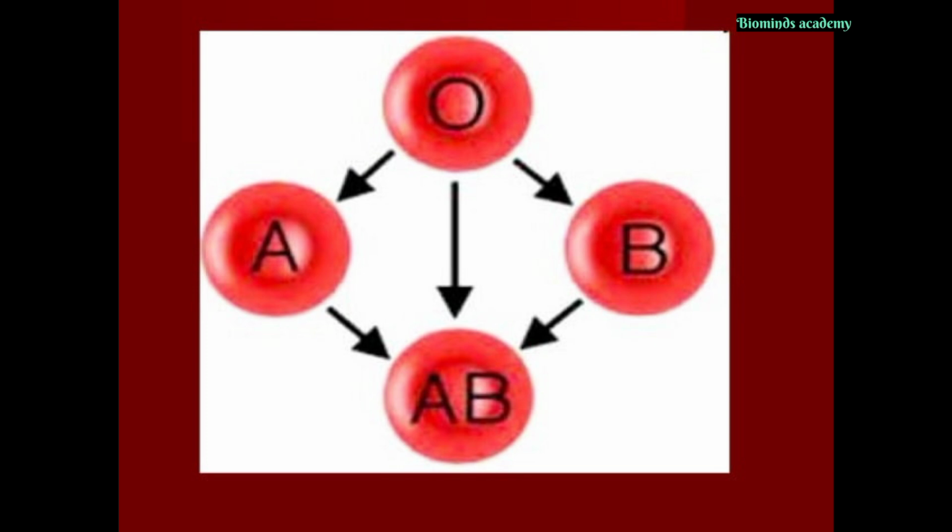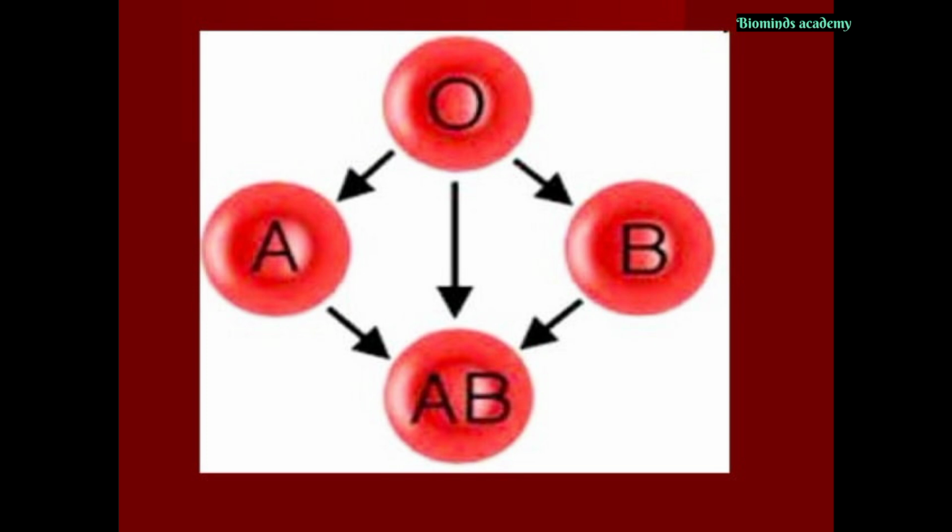This image illustrates the compatibility of the blood types for donation, and the arrow shows the direction of compatibility, indicating which blood types can donate to which other blood types. This compatibility is crucial for safe blood transfusions.